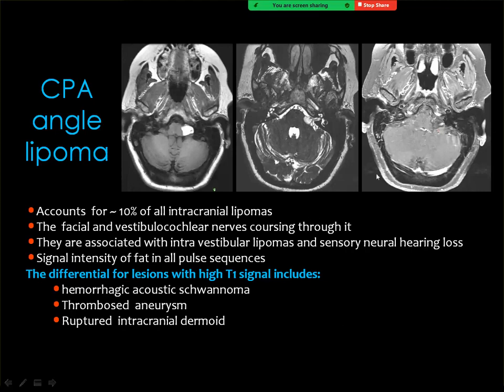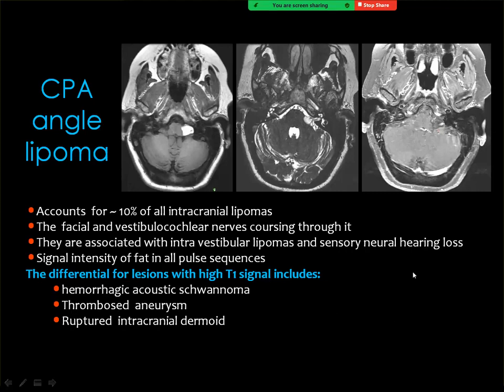Then I, myself, have seen many cases with lipoma at the cerebellopontine angle. It will show high signal in the T1 and T2 with signal loss in the fat suppressed images. This lipoma at the cerebellopontine angle accounts for 10% of intracranial lipomas.